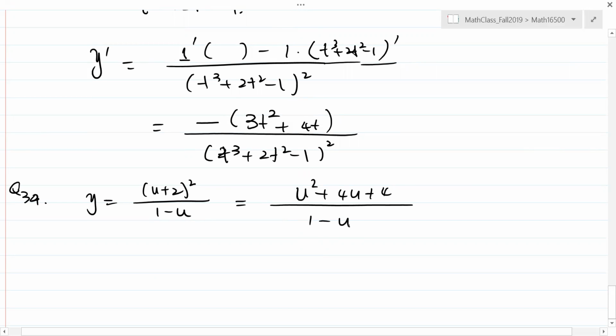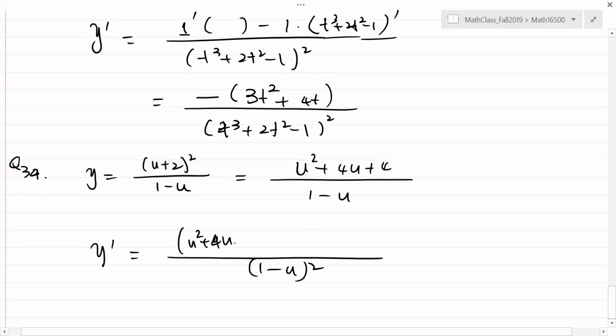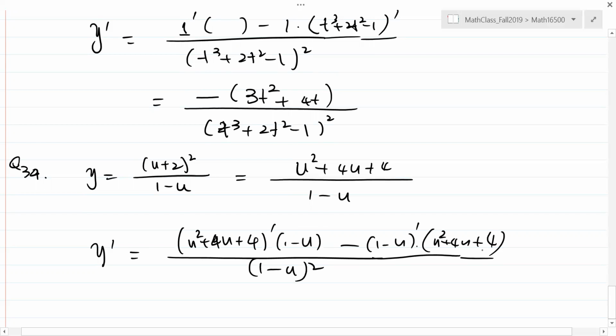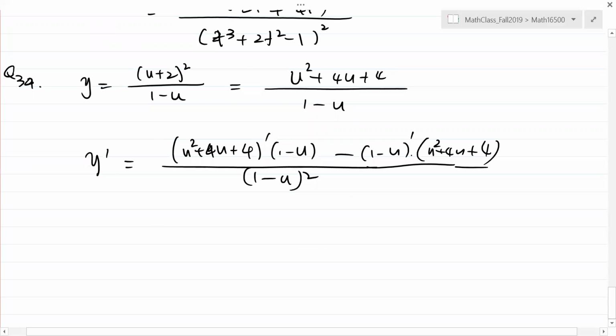You can use the quotient rule directly. So it's 1 minus u squared and u squared plus 4u plus 4. Okay. And so it's 2u plus 4, 1 minus u.